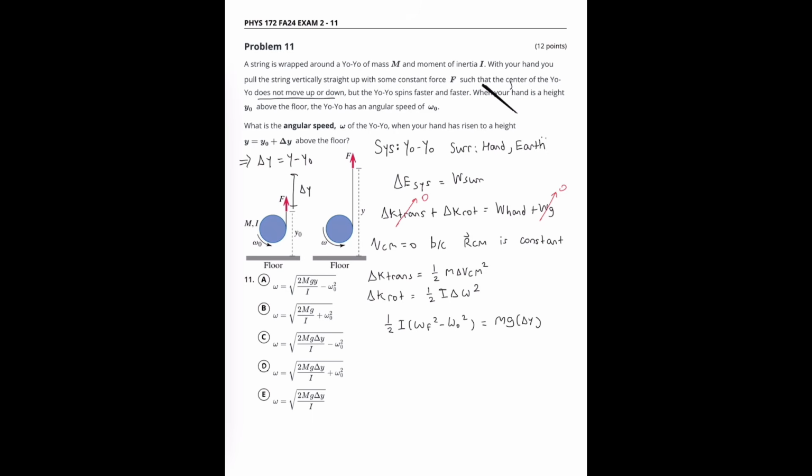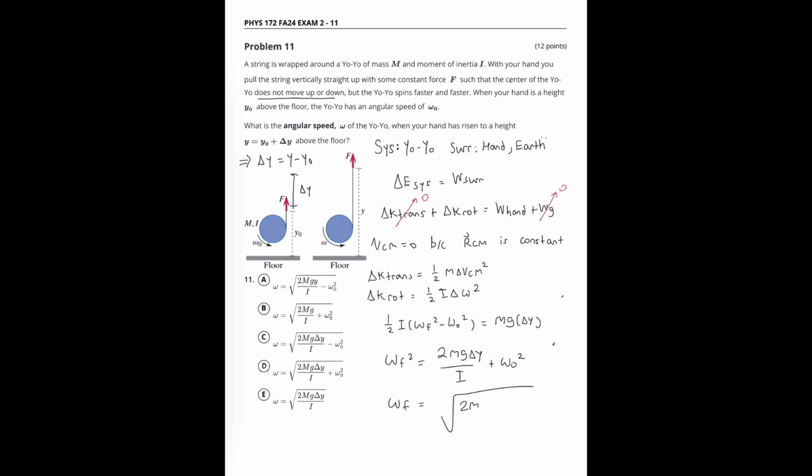So we have delta y as our distance. And from that, we can say omega final squared is equal to 2mg delta y, when you multiply over the 2, divided by inertia, plus omega initial squared. So when you take the square root of that, you get your answer for your final angular speed.